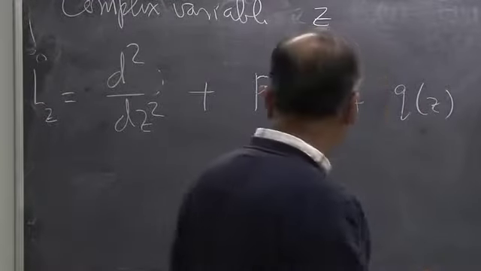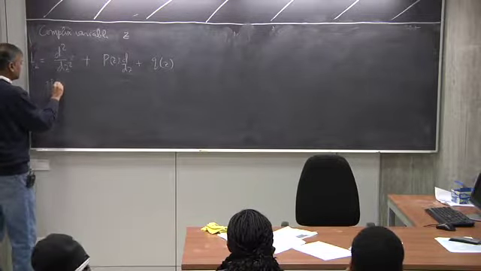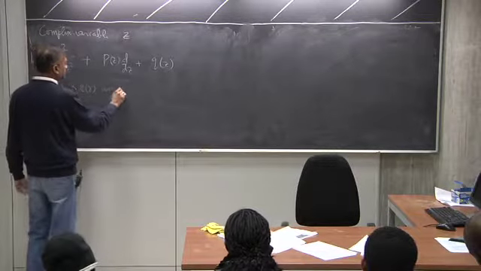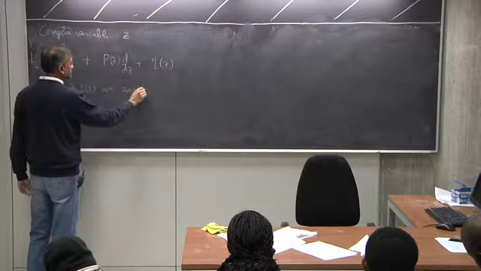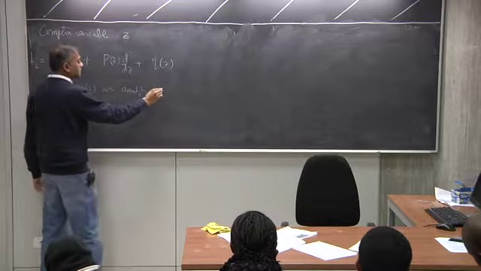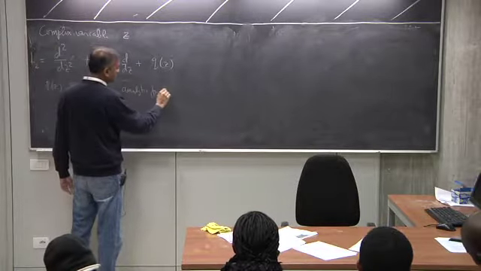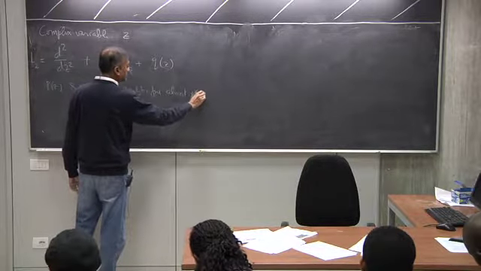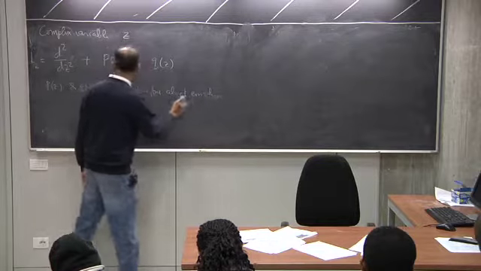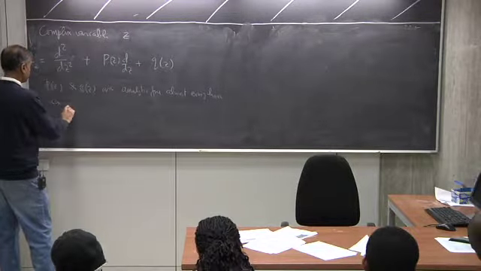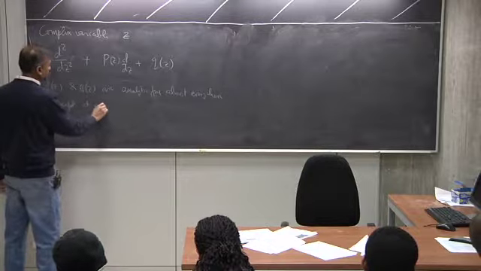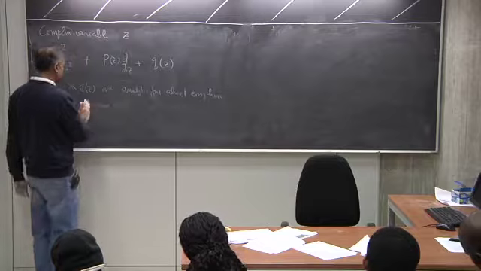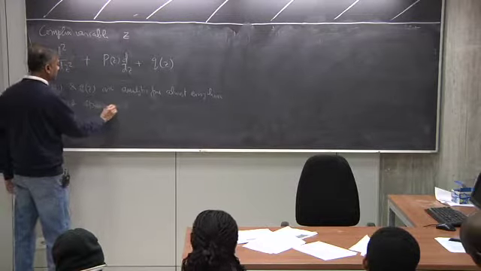We'll only consider situations where p and q are analytic functions almost everywhere, except poles at some isolated points.